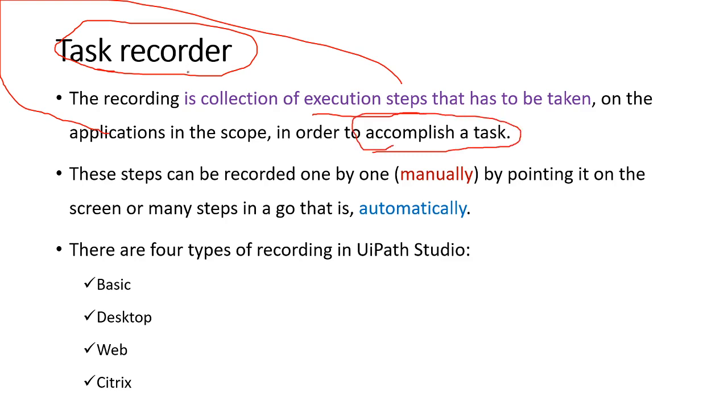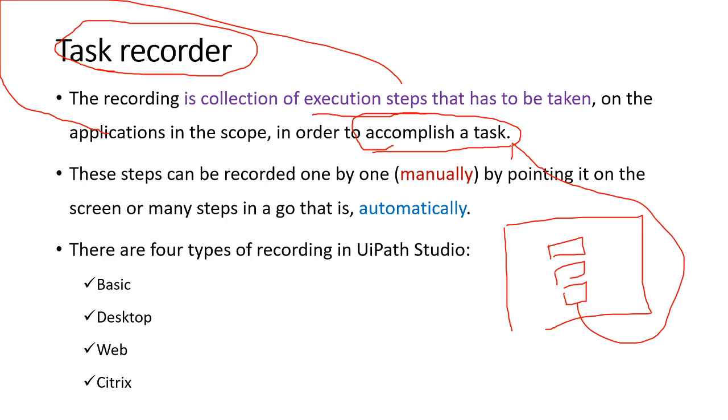Why does it have to record? Once these steps have been recorded, we can place those steps in the designer panel as a sequence of steps to perform this task. So the job of task recorder is to record the task done by a human being on the application running on the computer.